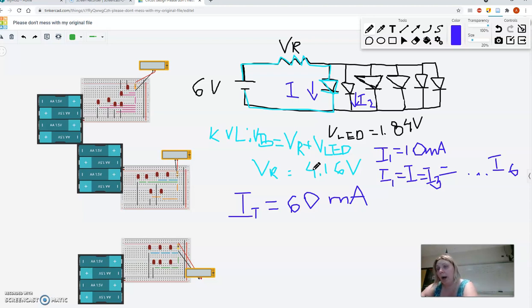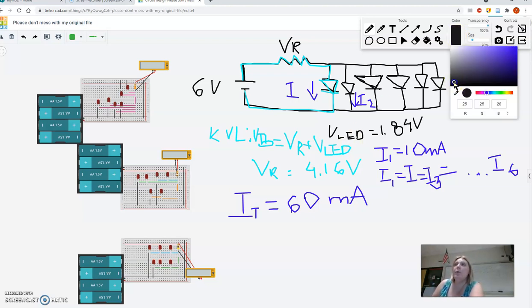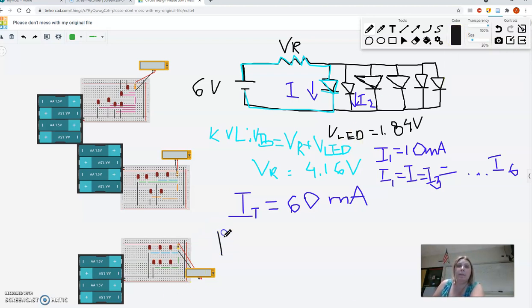That is why we're even doing this calculation. So the formula for power is current times voltage. But which current? Well, of course, it's the current that goes through the resistor, and the voltage is the voltage drop of the resistor.